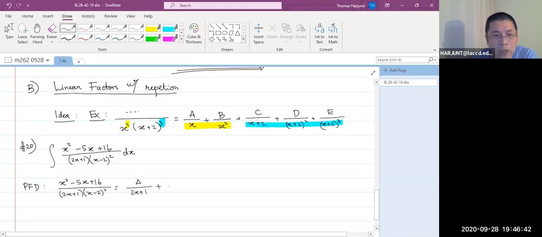And for the x minus 2 factor, it has degree of 2, so I need to have x minus 2 squared. But the numerator then will be b and then c, 1 degree less.